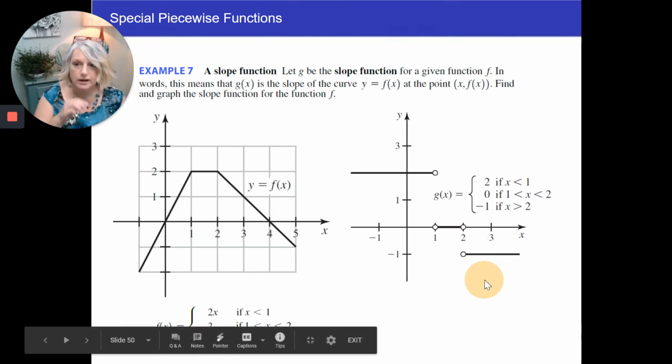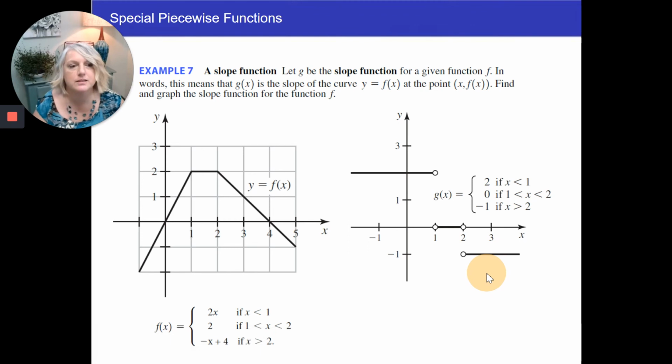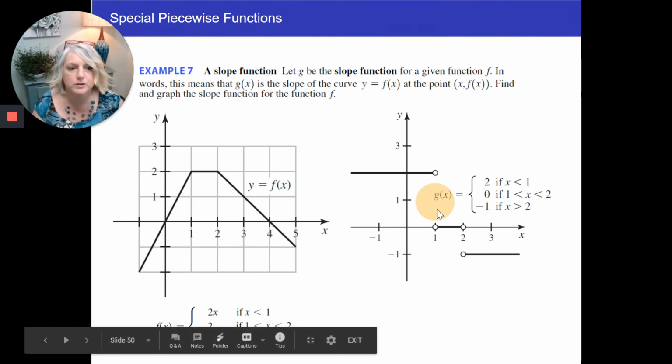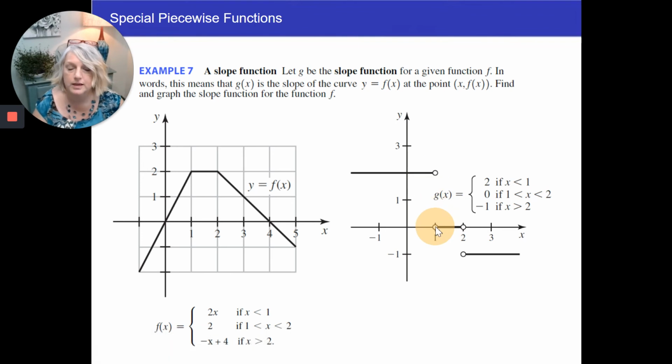Now, I will tell you, just as a little coming attraction, notice that I have open circles where the two pieces met. The reason is that at this point, it can't both have a slope of 2 and a slope of 0, depending on which piece you're including it on. So this is what's called a cusp.